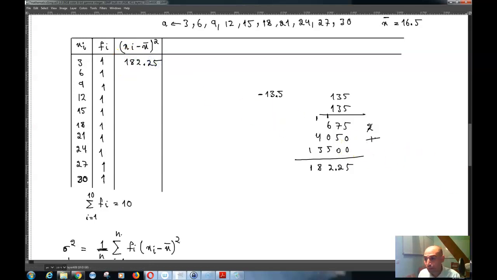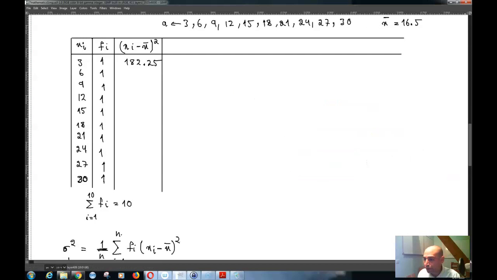That's 182.25. Now the next number that we have is basically 6 minus 16.5. So that would be negative 10.5.